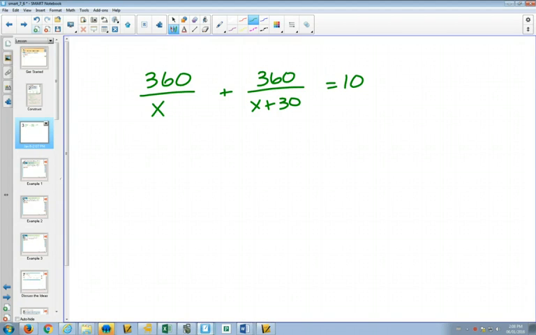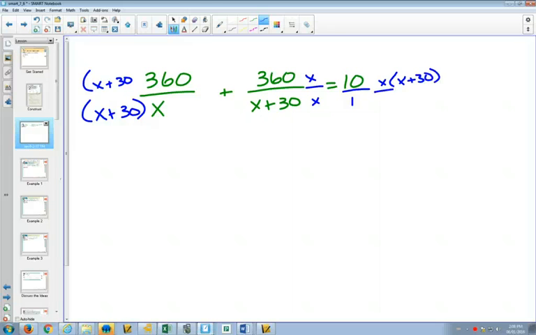And we've made an equation. And it's a rational equation. So now we can go to our strategies of either multiply to get rid of things or get a common denominator. Can you see that this one's missing an x plus 30? This one's missing an x. And this one, which is over 1, is missing an x and an x plus 30.